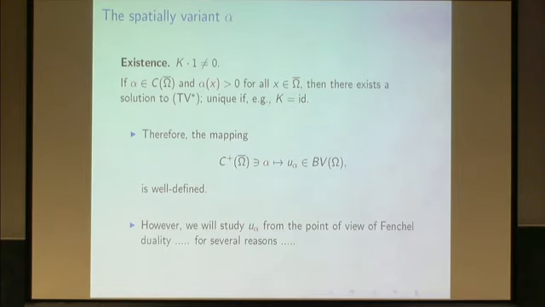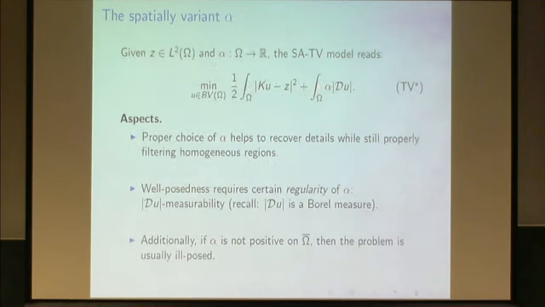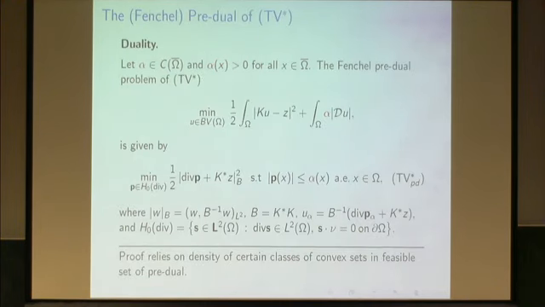An alternative way of looking at this problem, or the total variation we've seen earlier along, is to look at the dual problem, or strictly speaking, a pre-dual problem. So what you do is you have a concept in optimization which is called Fenchel dualization, and after some work you can find out that the Fenchel pre-dual problem of this is this specific problem here.